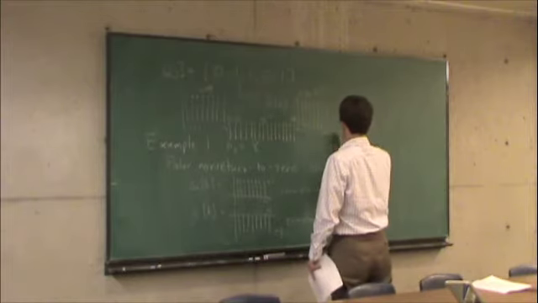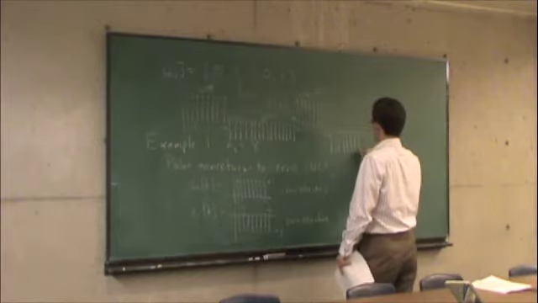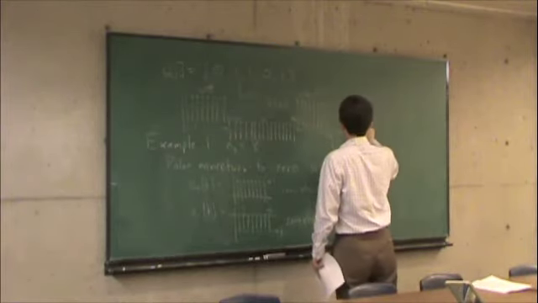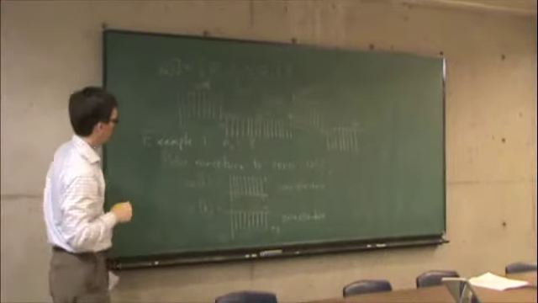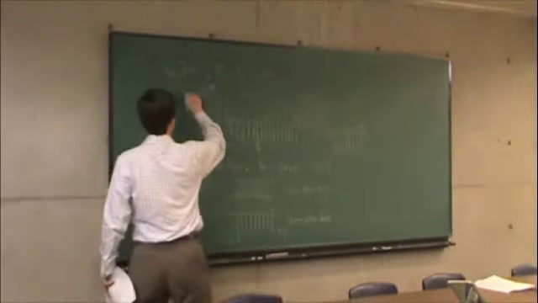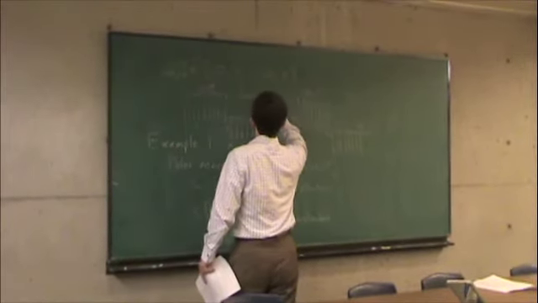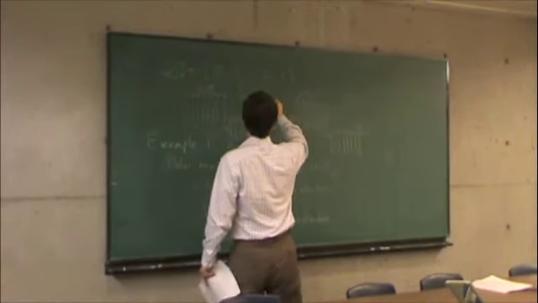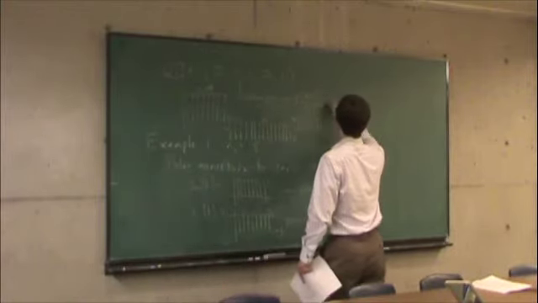Final 8 samples like so, up to 5NB. So there is your modulated signal. The first bit maps here, second bit maps here, third bit maps here, fourth bit maps here, and the fifth bit maps here.